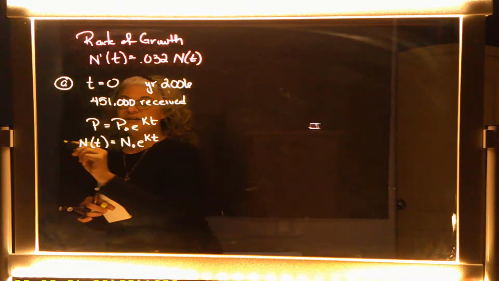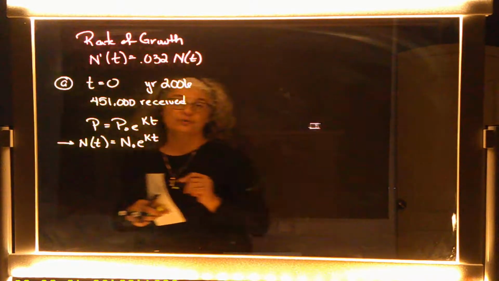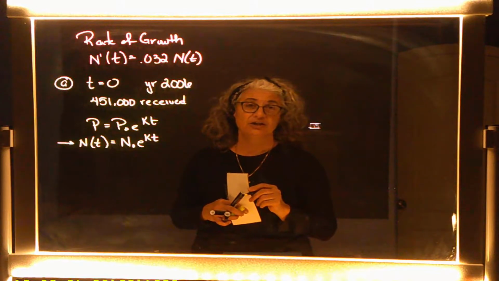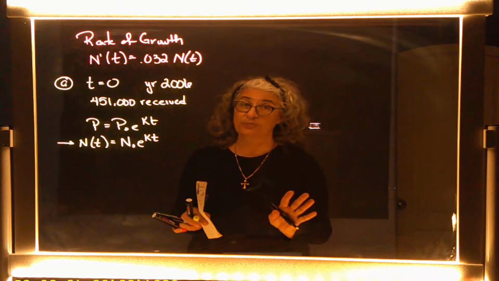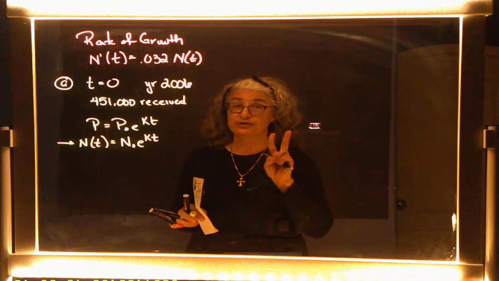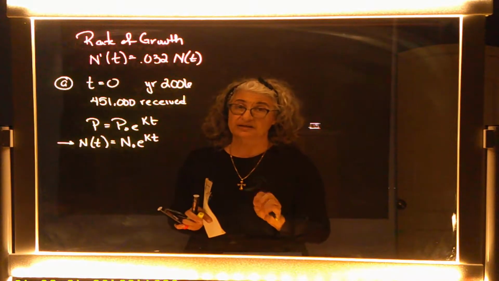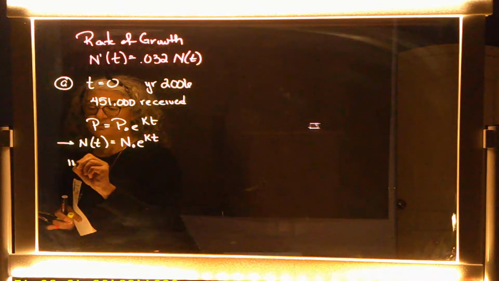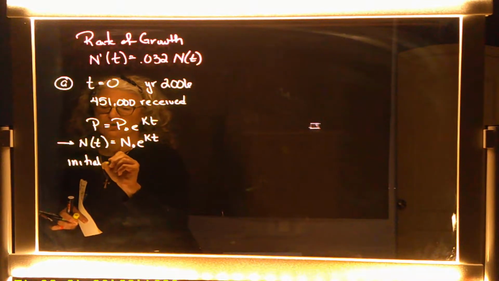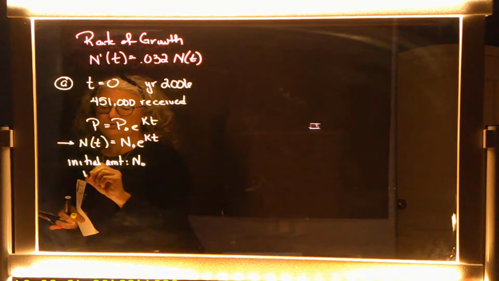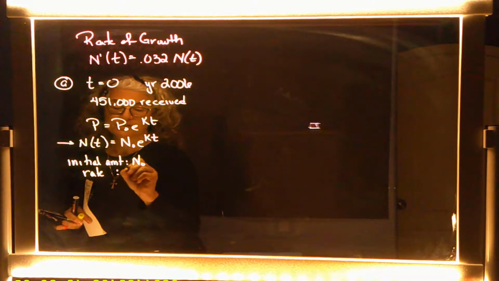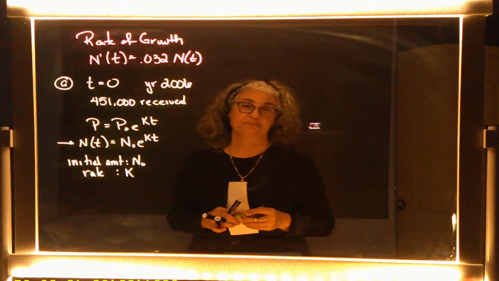In order to find this N of t equation for growth rates, just like for continuous compounding in the finance world, there are two pieces of the puzzle that we need. We need to know the initial amount, which is represented by N sub 0, and we need to know the rate, which is represented by k.